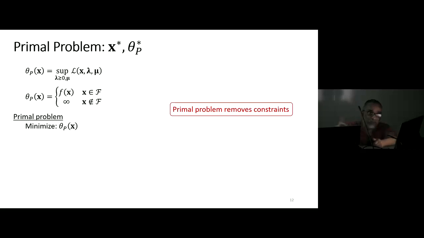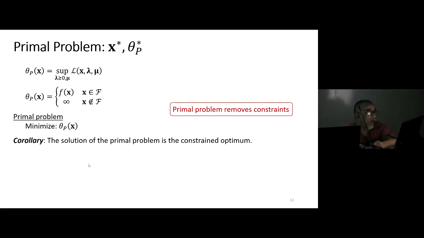A worked out example will make things absolutely clear. Okay. And we can readily see that the solution of the primal problem is the constrained optimum. So when we minimize theta p of x, we are bound to remain in the feasible region, right? Otherwise, theta p of x becomes infinite.